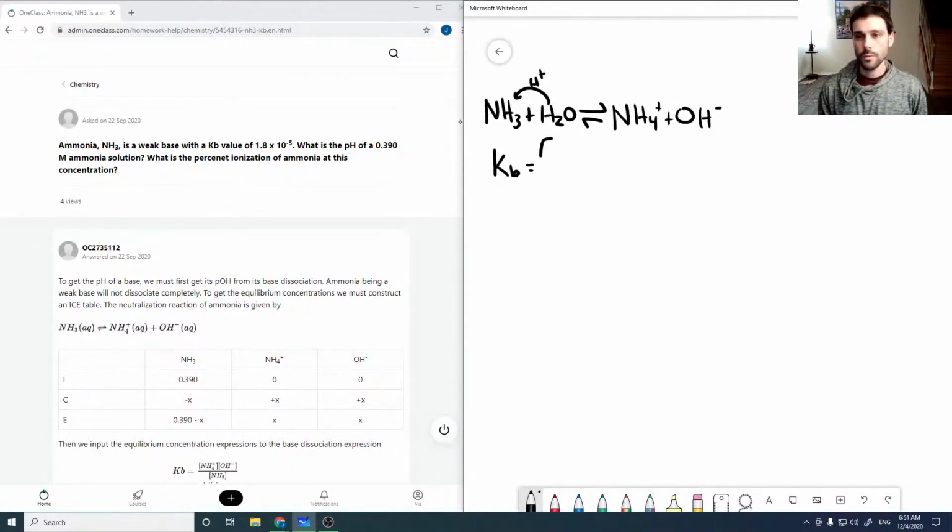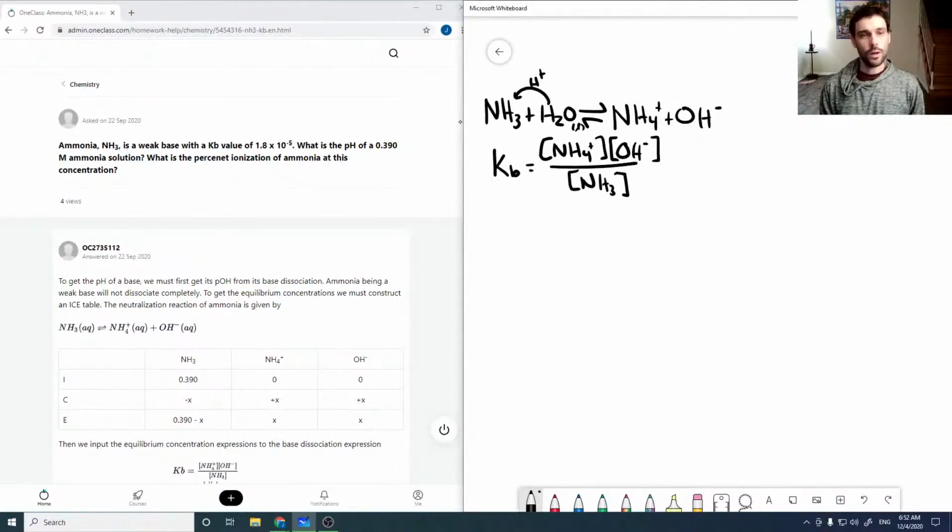All right, so our Kb value is going to be equal to our NH4 plus, OH minus, over our NH3 concentration. Again, water doesn't get included in our equilibrium expression. It's a pure substance.